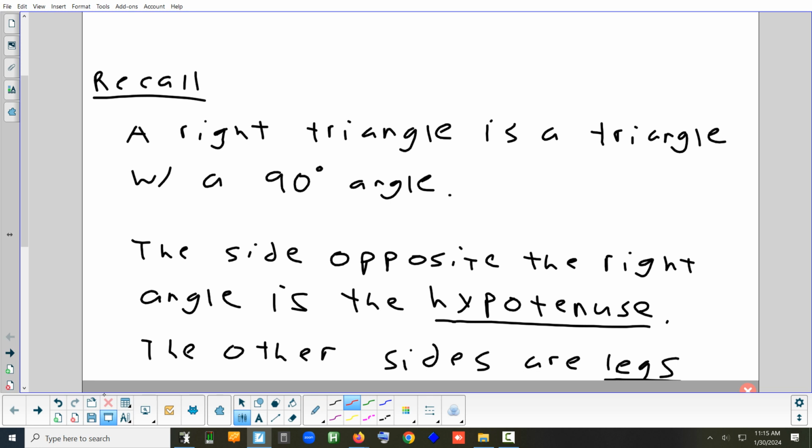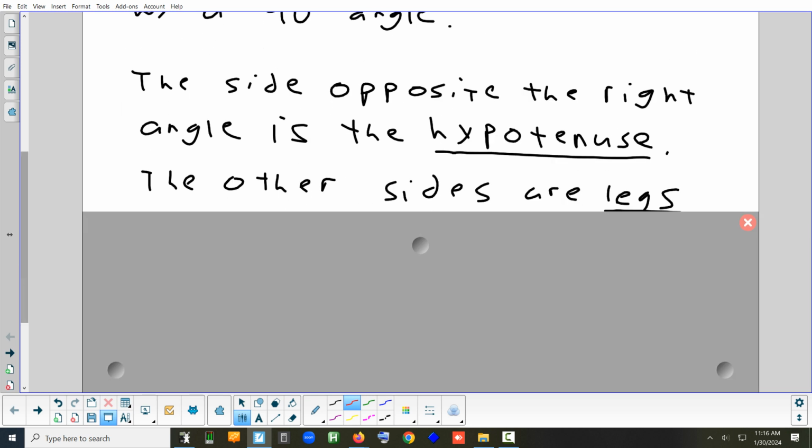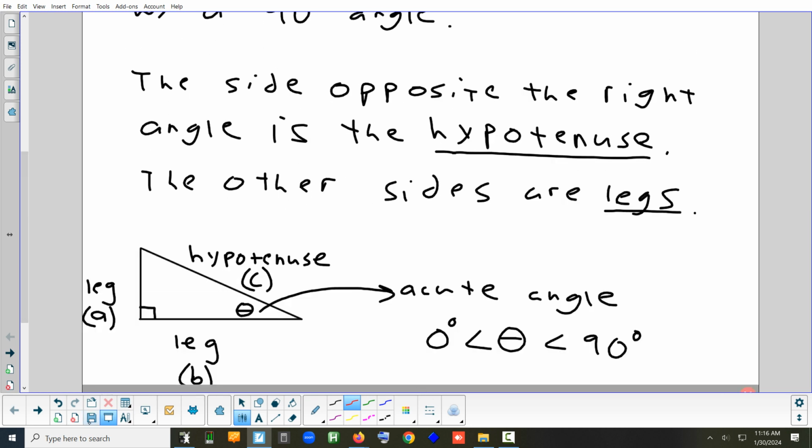Actually, one more thing. What do we use to label the sides if we don't know them? You can use X. We normally use A, B, and C because there's a theorem that can help us find a side if we don't know it, as long as you know the other two. Does anybody know what that theorem is? The Pythagorean theorem.